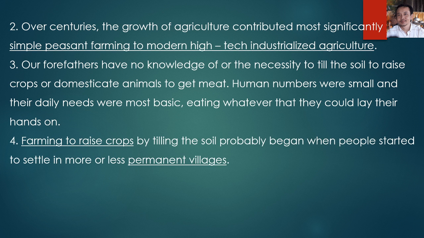And also farming to raise crops by tilling the soil properly began when people started to settle in more or less permanent villages. Perhaps the first cultivated plant could have grown from the remains of food found in waste heaps, and also wild animals could have been transplanted into the patches of land near the village.